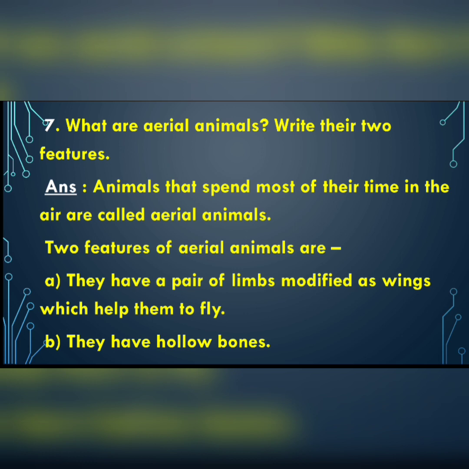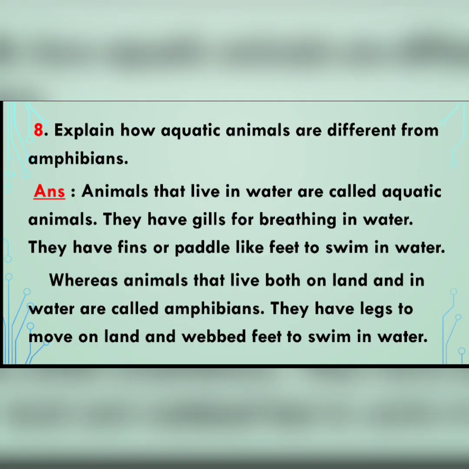Next is, write their two features. Two features of aerial animals are, first one is they have a pair of limbs modified as wings which help them to fly. And the second feature is they have hollow bones. Yes. So this much is the answer of question number D7.